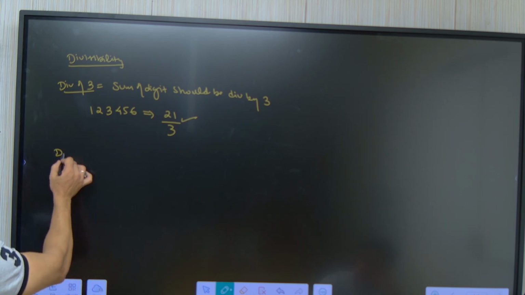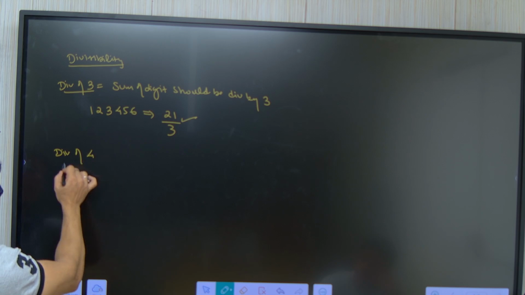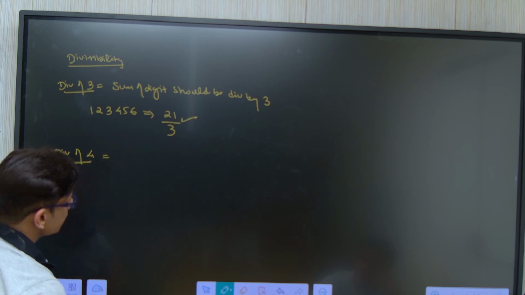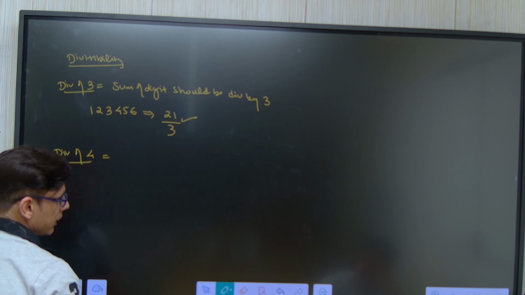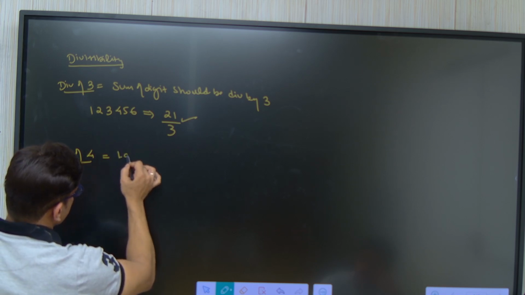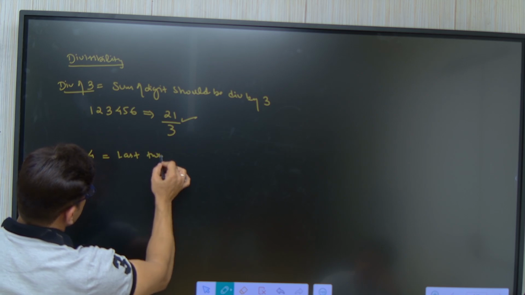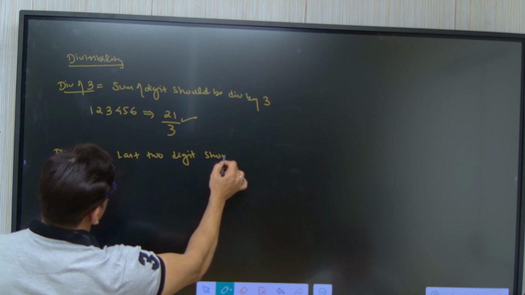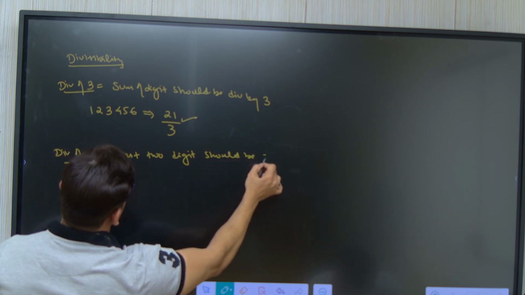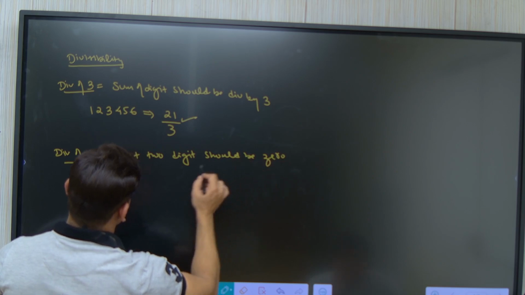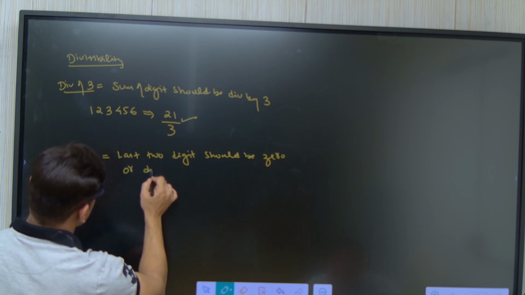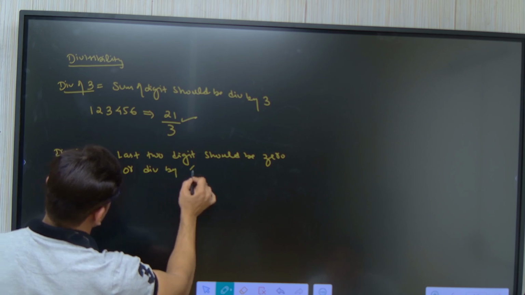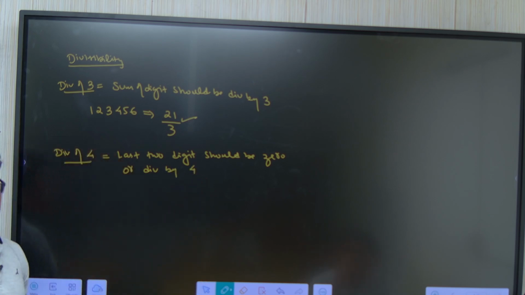What is the divisibility of 4? Last two digits should be either 0 or divisible by 4. So for divisibility of 4, you don't have to look at the entire big number.